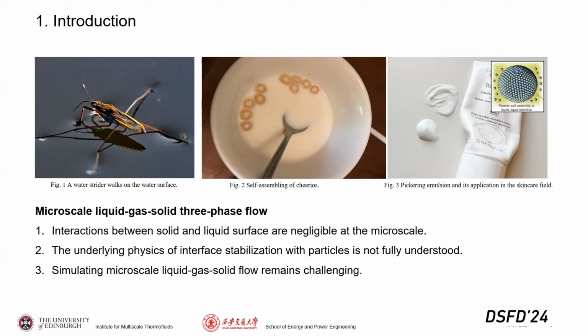Moreover, simulating this kind of three-phase flow at the micro scale remains challenging because we need to additionally model the interaction between the particle and the liquid surface. In this study, we are trying to build a model to describe this interaction and then develop a lattice Boltzmann model.